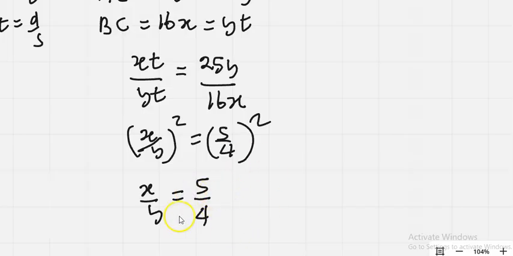So we know that the ratio of the speed of train A to the speed of train B is 5 to 4. We can now move ahead to continue the question.